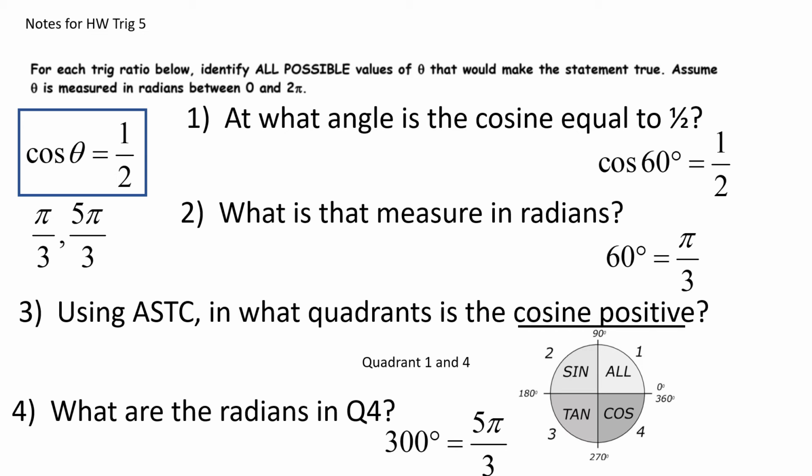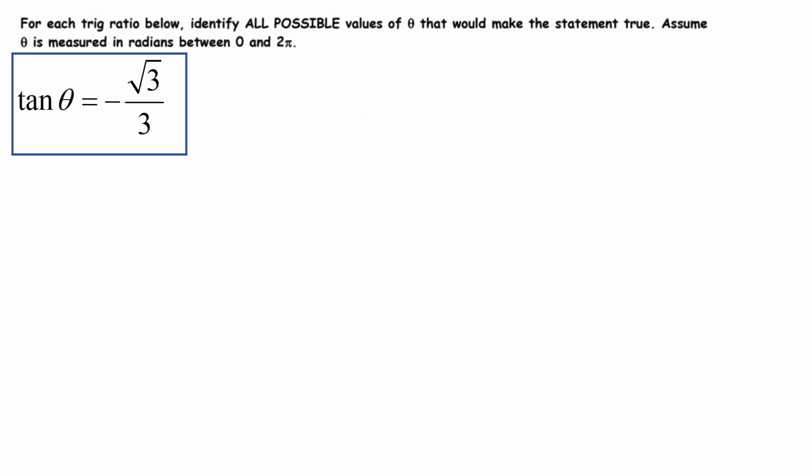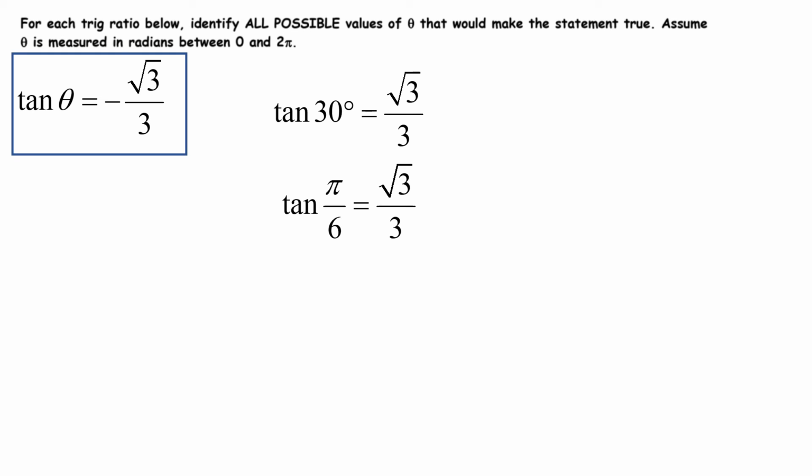Let's do another one. For each trig ratio, identify all possible values of theta that would make the statement true. So where is the tangent equal to negative square root of 3 over 3? Well, I start by first thinking about where the tangent is equal to the square root of 3 over 3. I know that's at 30 degrees, and I know that 30 degrees is the same thing as pi over 6.